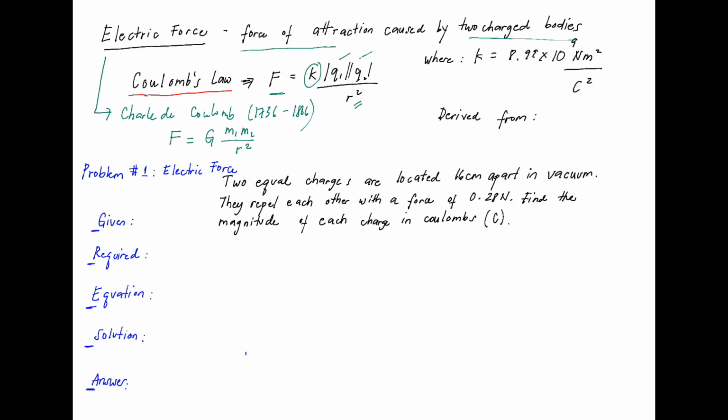Now, we have to take note of the value of K, which is 8.99 times 10 raised to 9 Newton meter square over coulomb square, or this can be rounded off as 9 times 10 raised to 9 Newton meter square over coulomb square. Physicists found out that the value of K, they derive it from this relationship wherein 1 over 4 pi multiplied to epsilon.